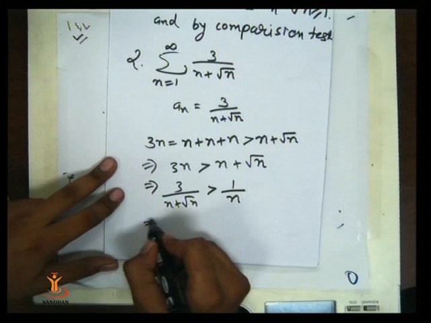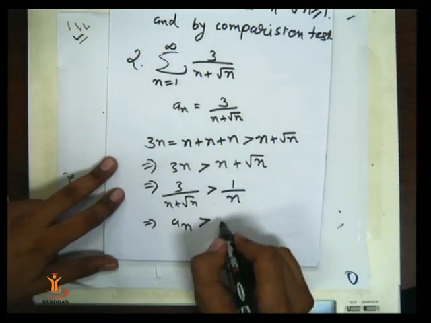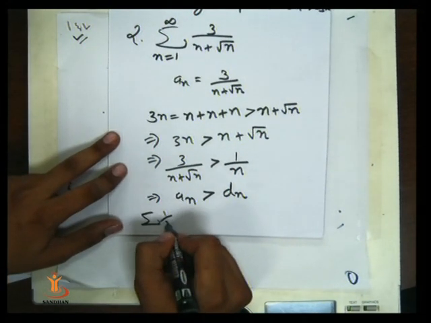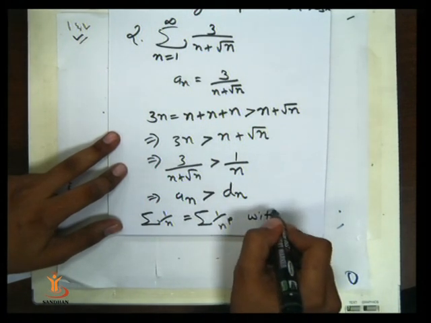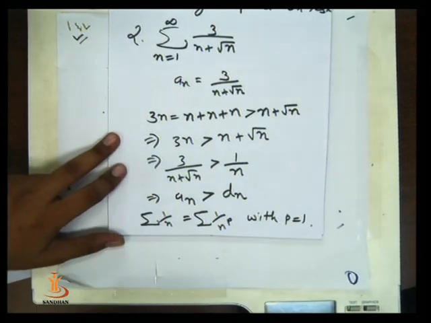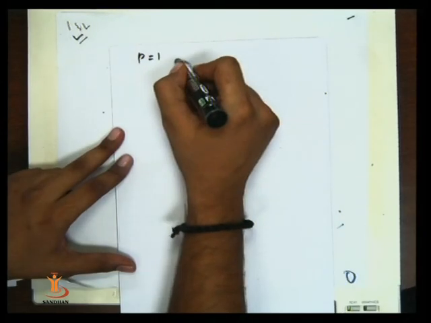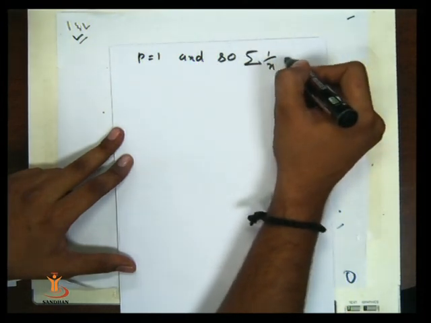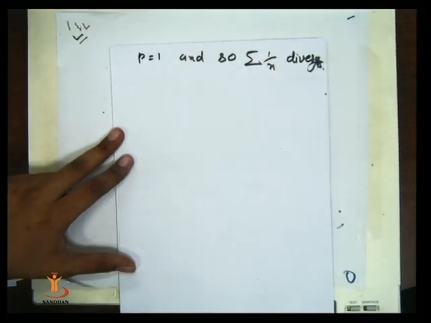Now here we have a_n greater than this 1 upon n series, which we call d_n. Now we know that summation 1 upon n equals summation 1 upon n raised to p with p equals 1. So by the p series, we get p equals 1, and so summation 1 upon n diverges by p test.